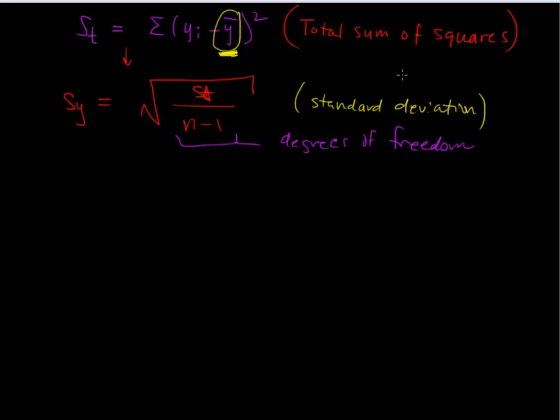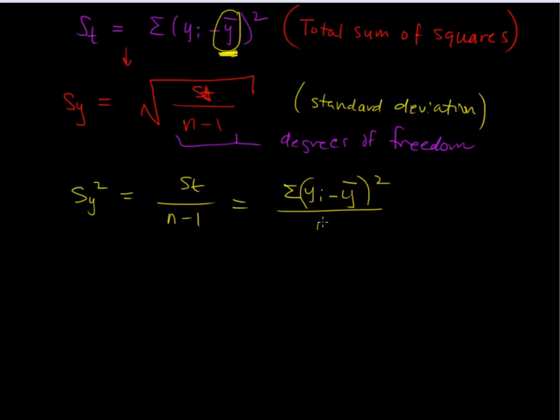And we have the variance, and the variance is just sy squared, which is the squared value of the standard deviation, and it's just ST over n minus 1. Well, if we use the definition of the total sum of squares, we can rewrite this as the sum of yi minus y bar squared over n minus 1, and that's our variance.